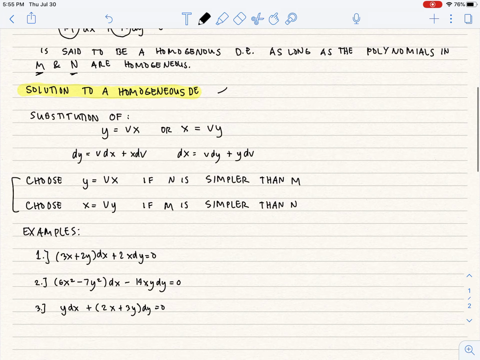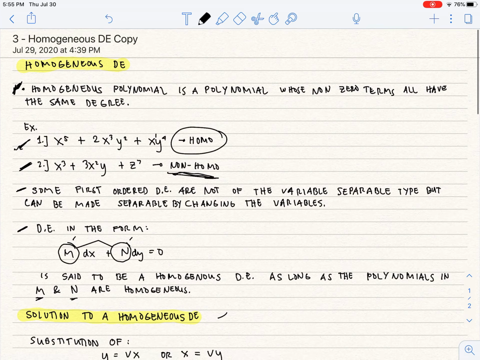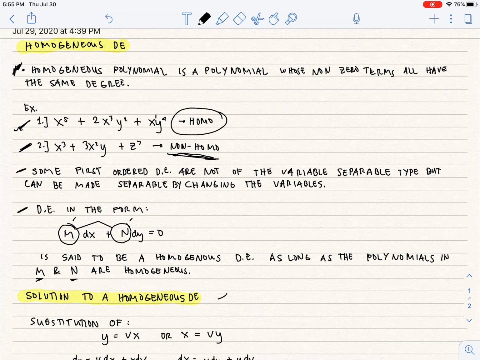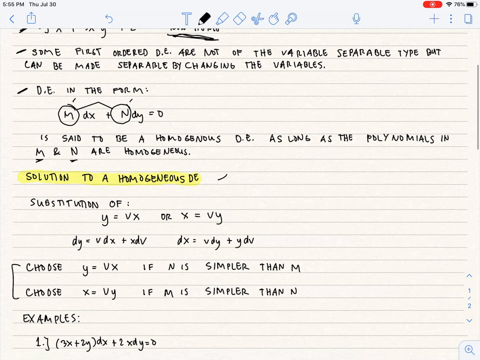Okay, so recap. First, the coefficients m and n should be homogeneous polynomials with the same degree. If that is the case, we use either of the two substitutions to make the homogeneous DE a variable separable DE.